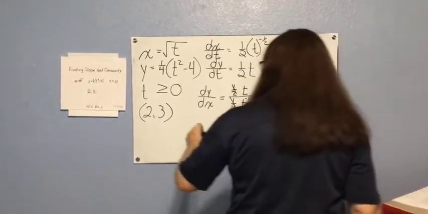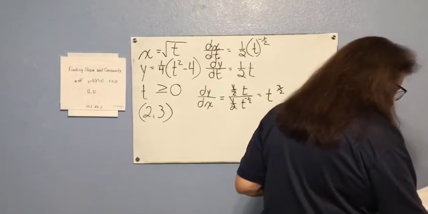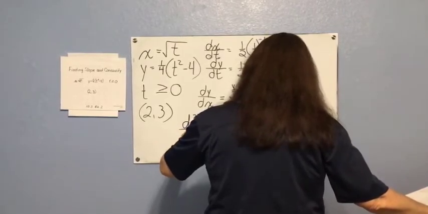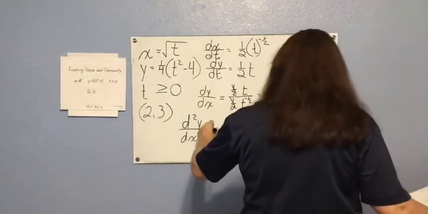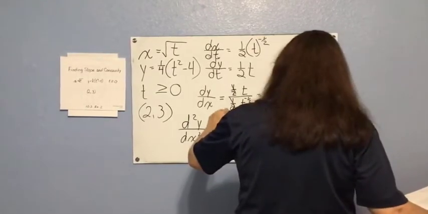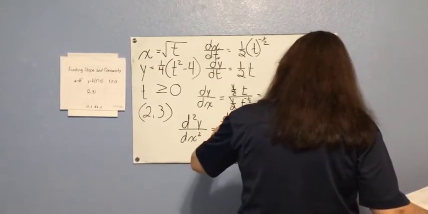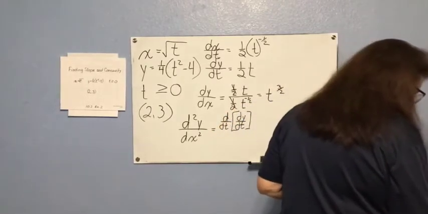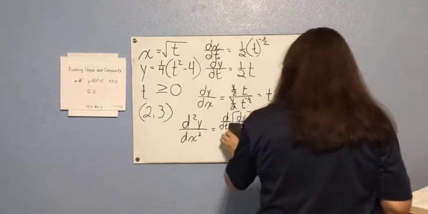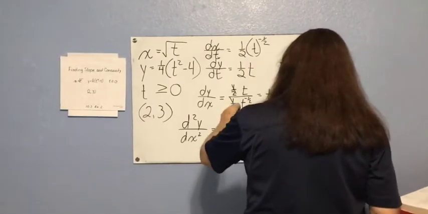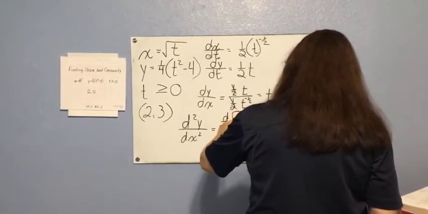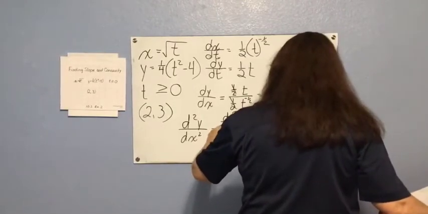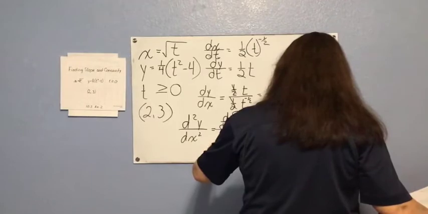Okay, now let's look at the second derivative. And we write that like this. It should be d dt of dy dx, over dx dt.